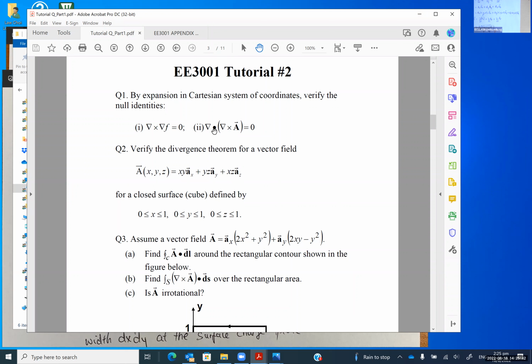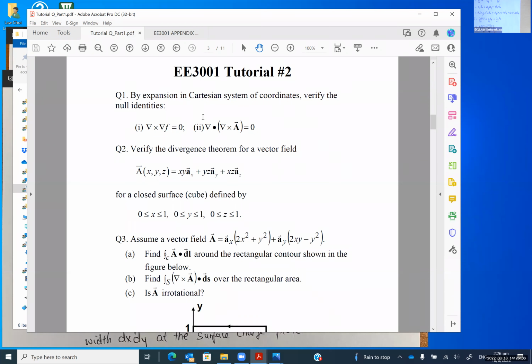The second part is saying the divergence of the curl of a vector is 0. This is the curl of the vector A, which is del vector cross A vector. We're finding the divergence of that result. So this is another vector, with a vector dot product.